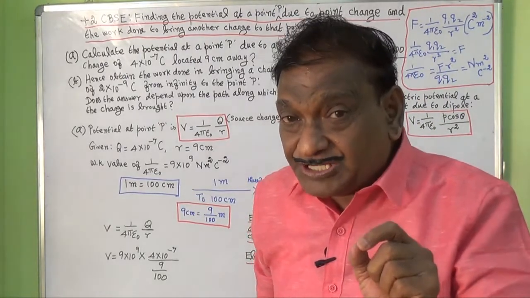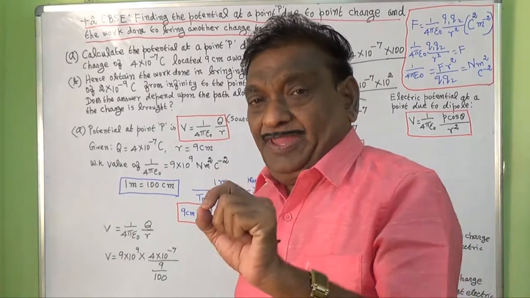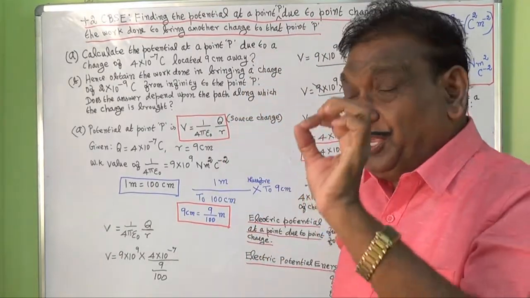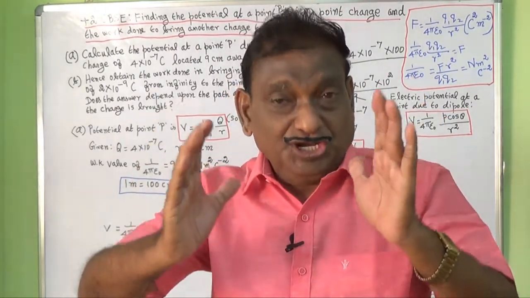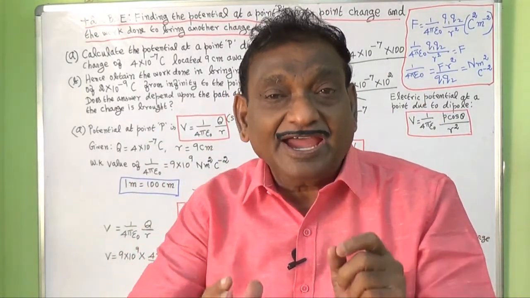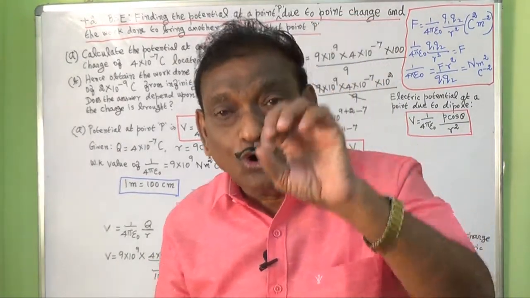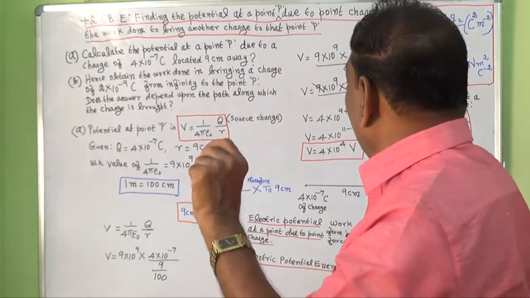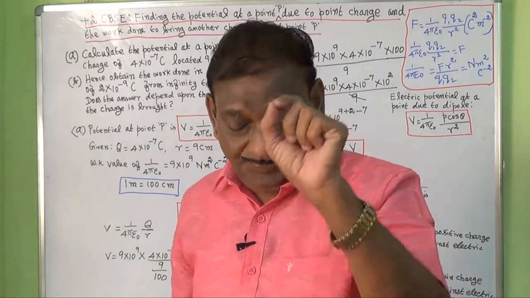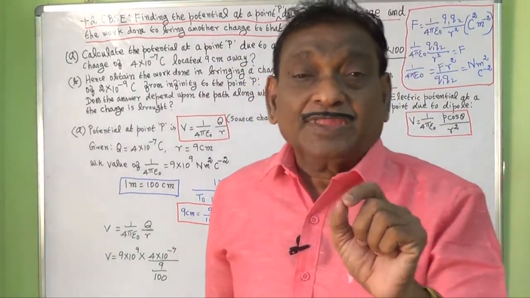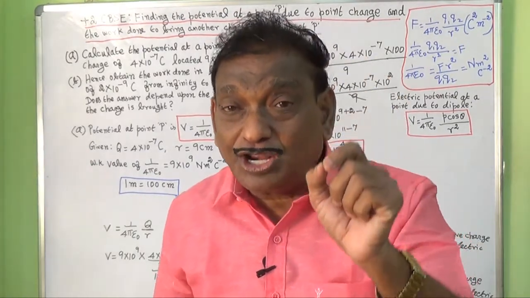At this place, it will be appropriate to know the definition of electric potential at a point due to the point charge and the electric potential energy and also the electric potential at a point due to dipole. What is the definition of electric potential at a point due to a point charge?